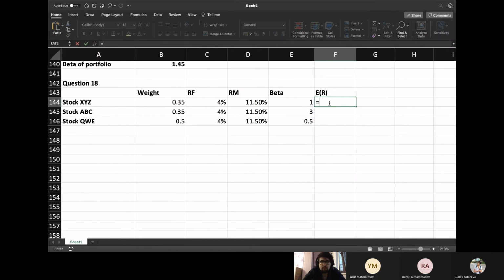So firstly, let me find the expected return according to the CAPM formula: RF plus RM minus RF multiplied by beta.